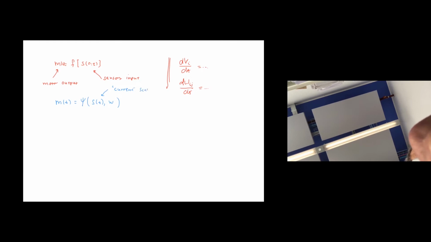The reason it's in quotes is because it could be the last tens or even hundreds of milliseconds, or maybe in some cases seconds. And these are the weights, the things that connect neurons to each other. And the weights are actually a function of the past input, a function of S from 0 to t. And they are updated locally in time.